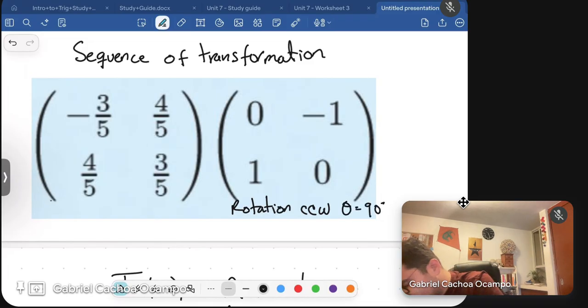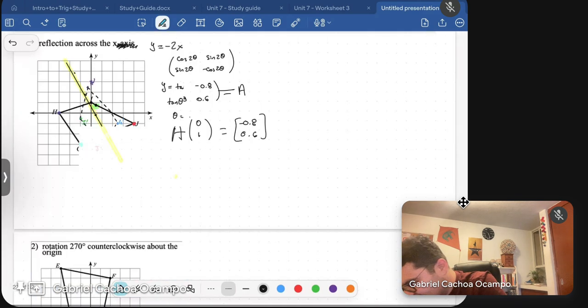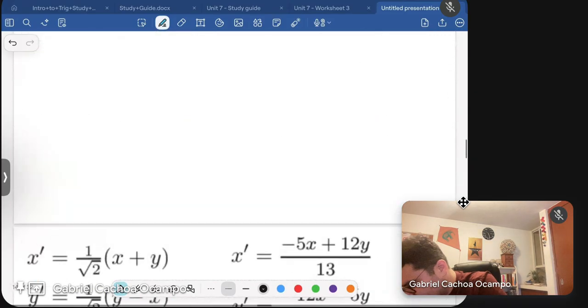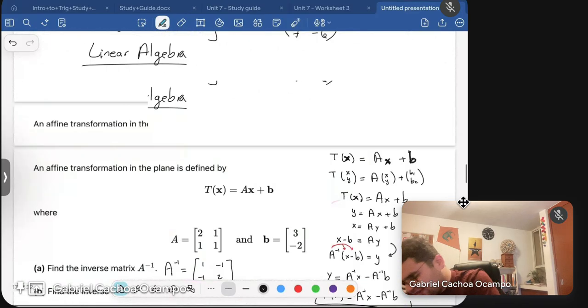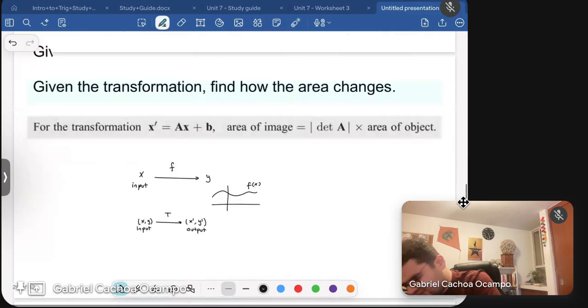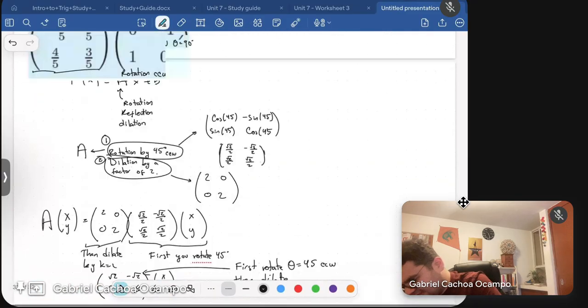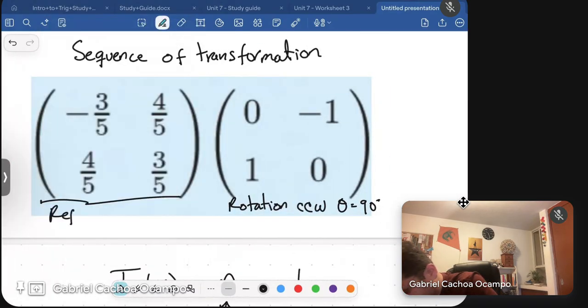And this one we've done like 1,000 times. That is a reflection by 63 degrees, or something like that. Yeah, I think that this is a reflection by y equals 2x. Sorry, I hope that I am not wrong, that this is a reflection by y equals 2x.